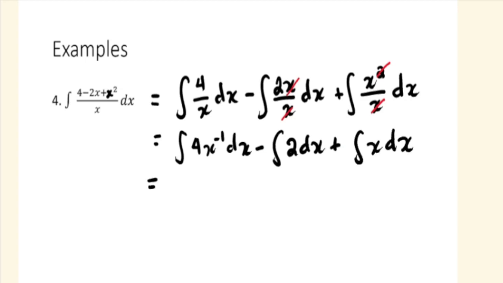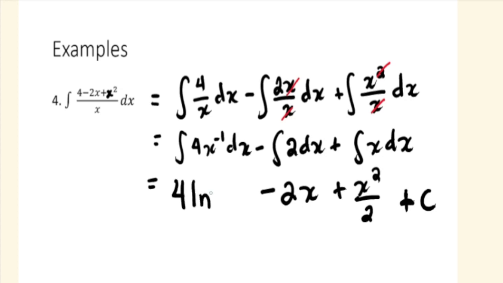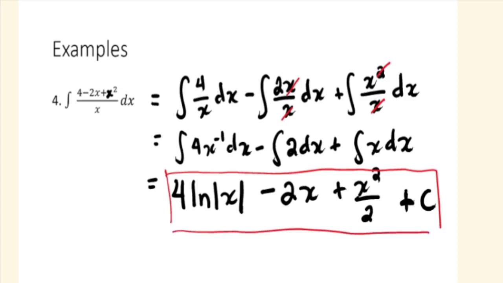So dito mas straightforward na ang paggamit natin ng power rule. This one, unahin natin yung last two terms, minus 2x plus x squared over 2 plus c. Then, if we would recall, since the exponent is negative 1, this would give us 4 ln absolute value of x. So, this one is our final answer.